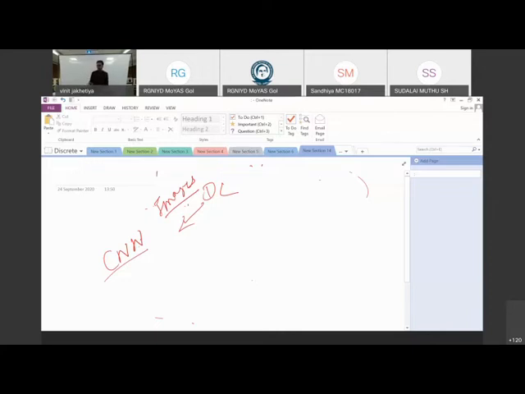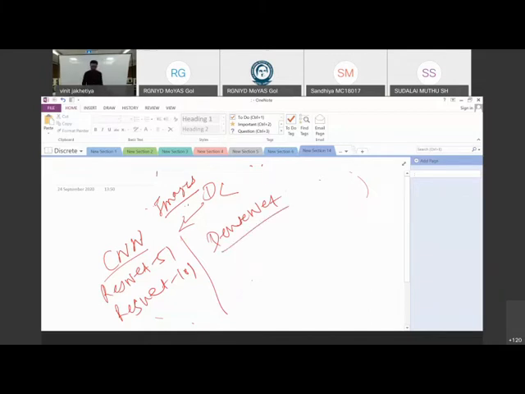The most famous neural networks available right now in the literature are ResNet, ResNet 101, DenseNet, VGG 16, VGG 19. There are multiple options, such as MobileNet.